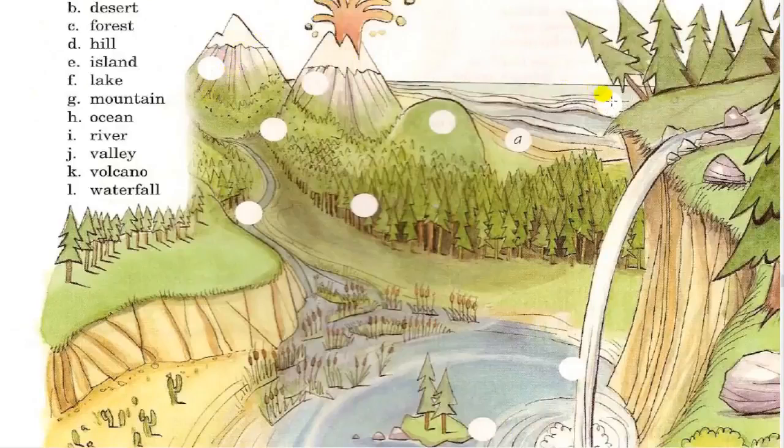H, ocean. I, a river. J, valley. K, volcano. L, waterfall.